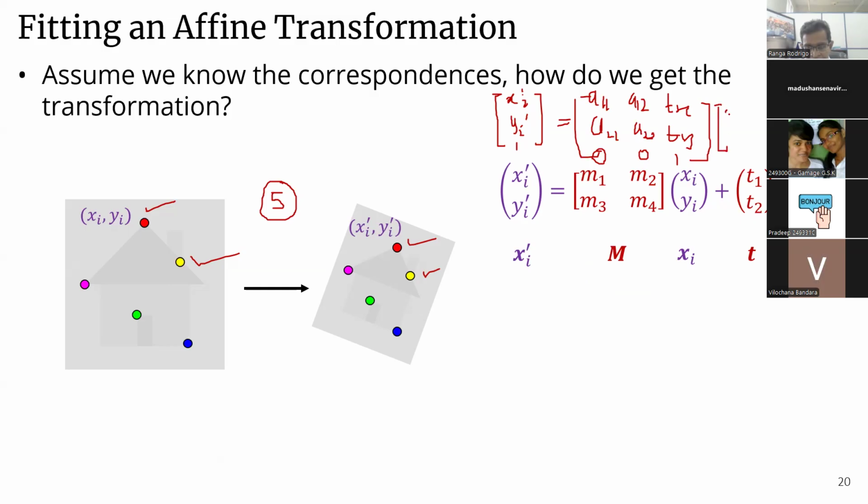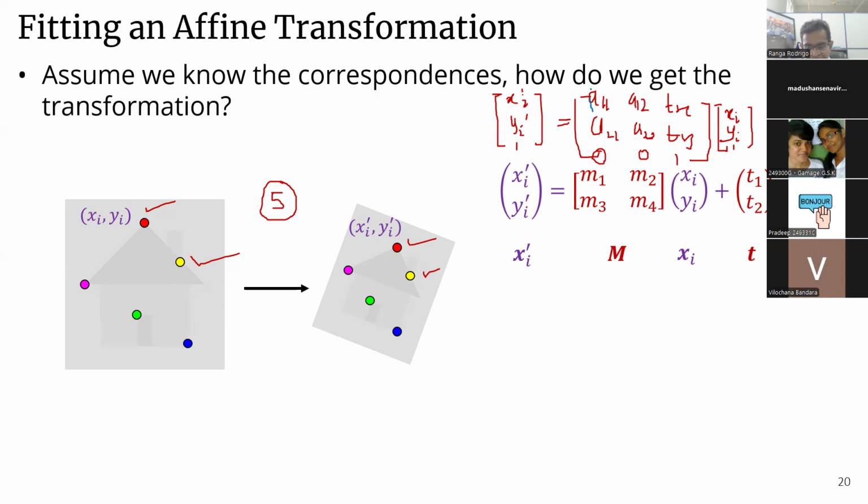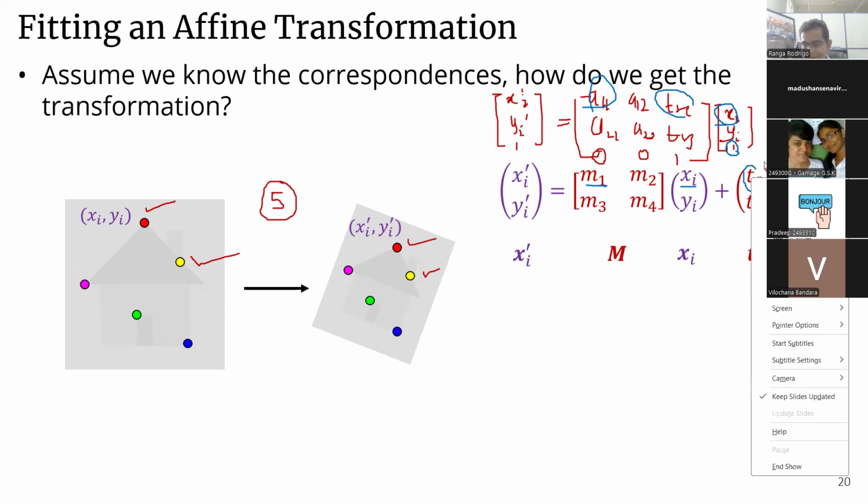Okay, so this is the same thing that we have written here, with slightly different parameterization. So you can see, as we looked at before, a11 multiplies xi. In this case it is M1 for easiness, M1 multiplies xi, and then Tx gets added, right? Because of this 1 here. So there you can see this is T1. I'm sorry about the change in the parameterization.